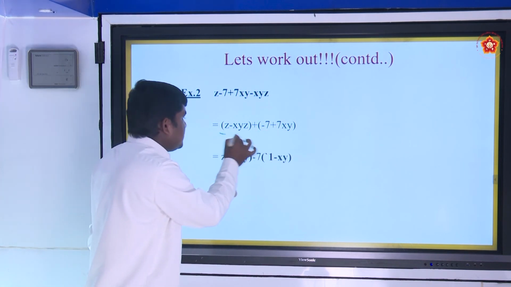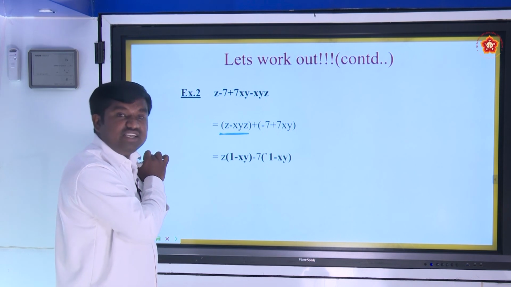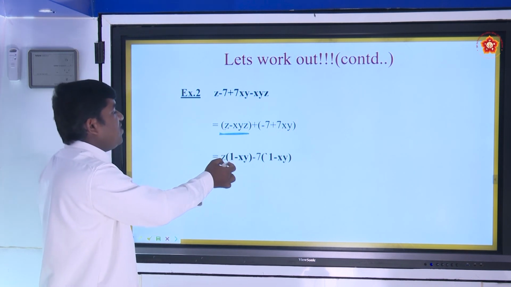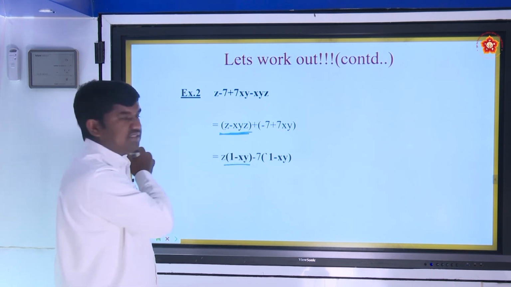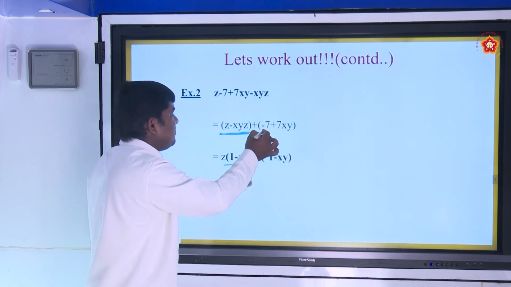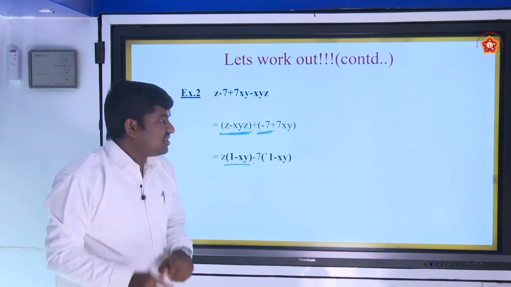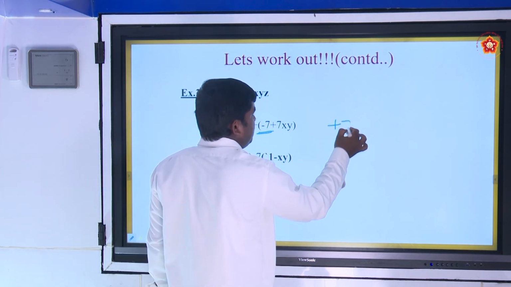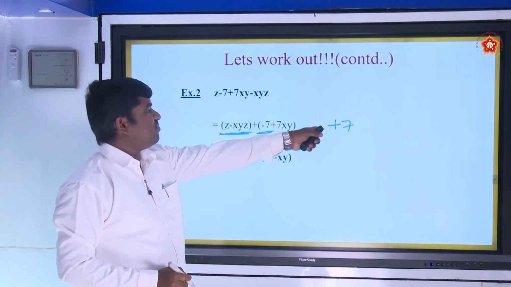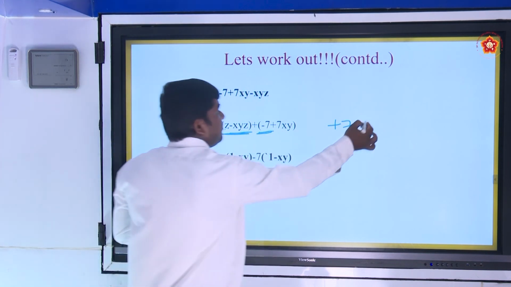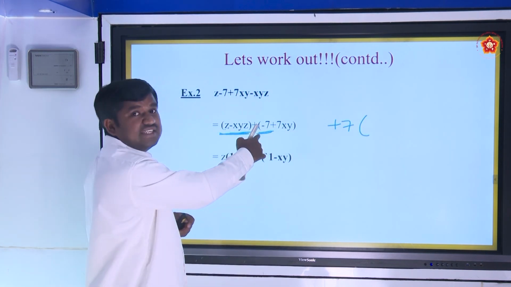Next, observe these two, which is common? z is common. So take out z, 1 minus xy is remaining in this. Next, minus 7, take out minus. Why will I take minus? Suppose I take plus 7, what happens? See, suppose I take plus 7 as a common factor. Okay, see here minus 7 is there.